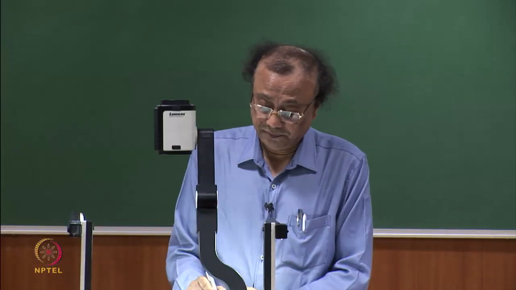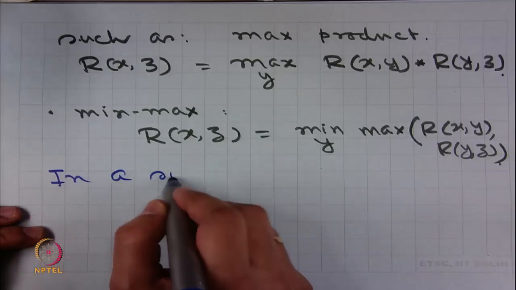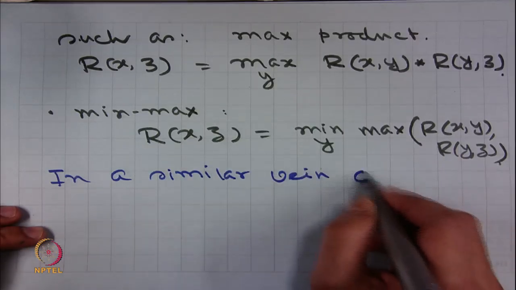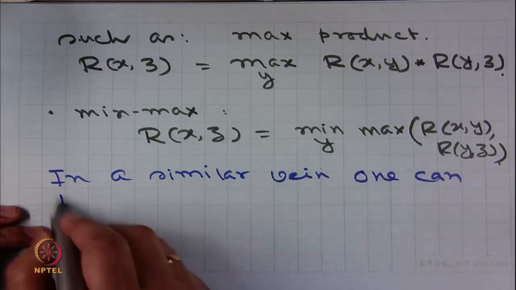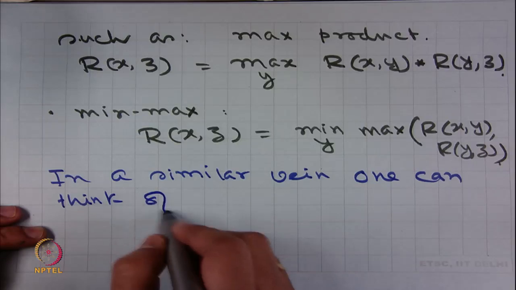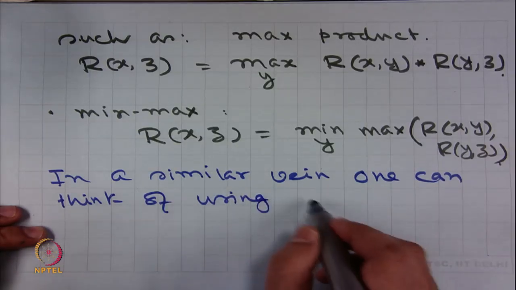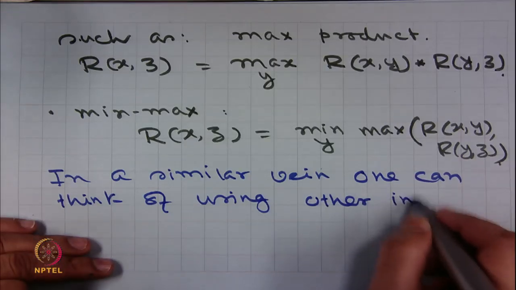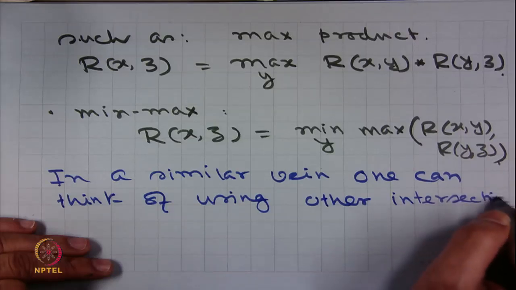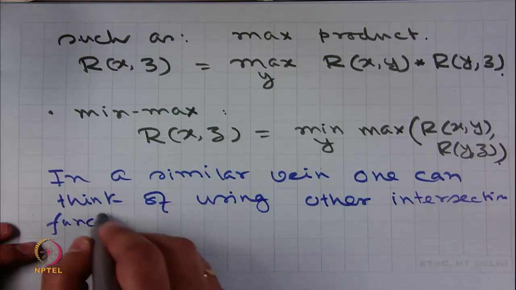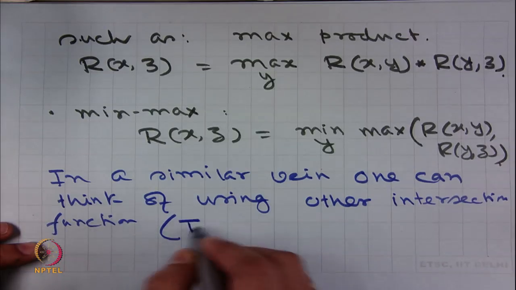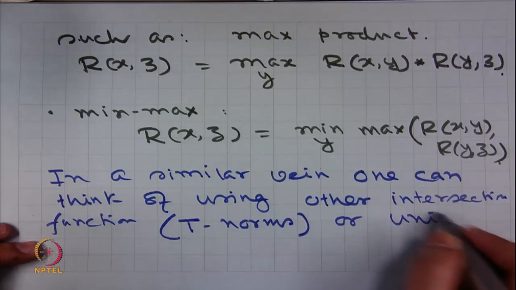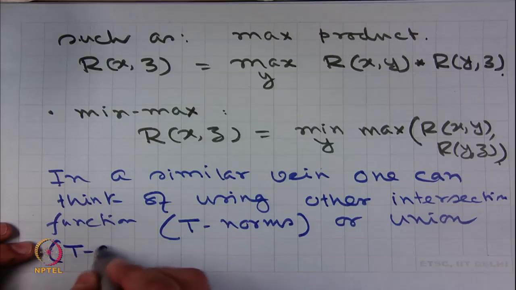In a similar vein, one can think of using other intersection functions, that is T norms, or union, that is T conorms.